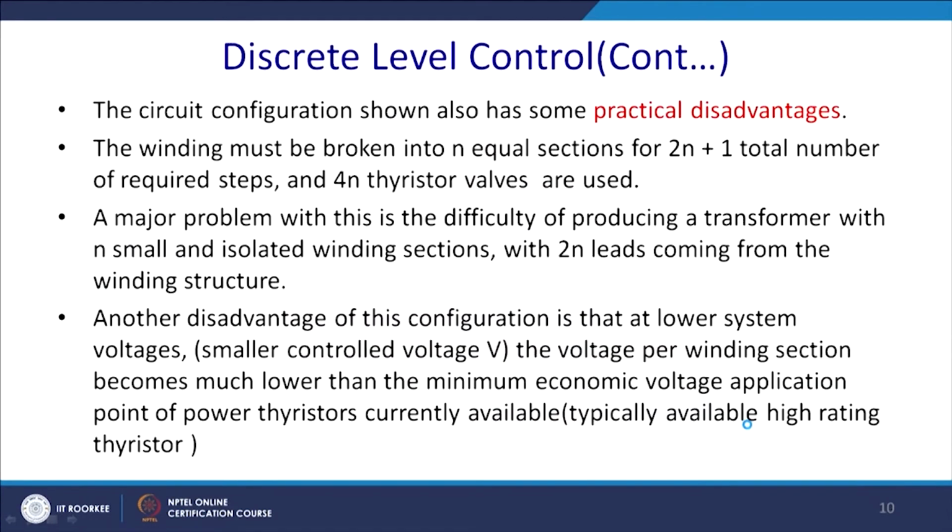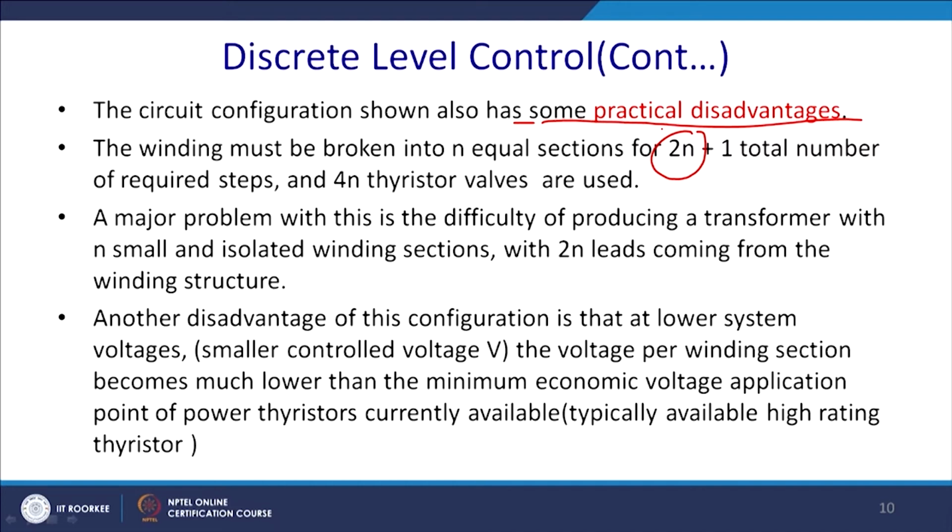This circuit configuration also has some practical disadvantages. The winding must be broken into n equal sections for this kind of configuration, requiring 4n thyristor levels, as shown in the previous figure.